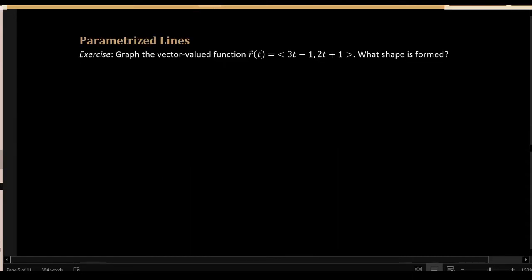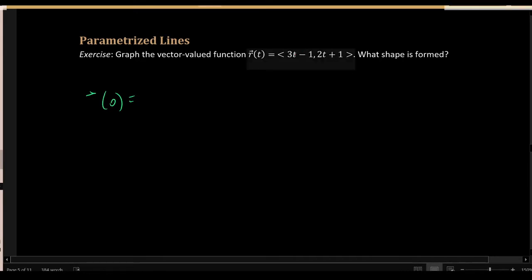Let's do another example. Let's graph the vector-valued function where we have a linear equation in the first component, 3 times t minus 1, and a linear equation for the second component as well, 2 times t plus 1. Let's graph a few points on this vector-valued function, and let's see what shape is formed. So maybe first I'll plug in t equals 0.